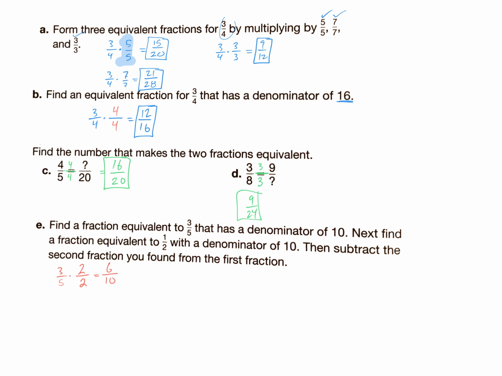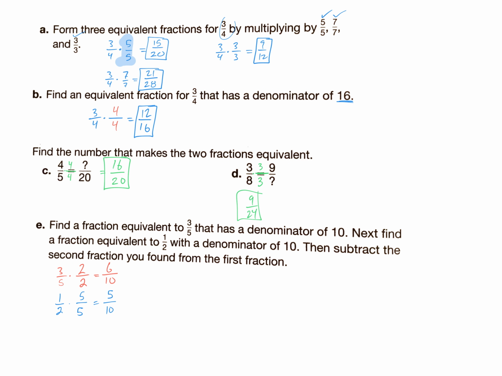Next, find a fraction equivalent to 1/2 with a denominator of 10. So I'm going to do something similar. 1/2 multiplied by something over itself to get a denominator of 10. So 2 times what gives me 10? Well, 5. So 1 times 5 on the top gives me 5.